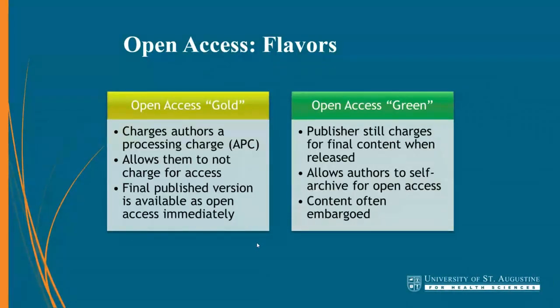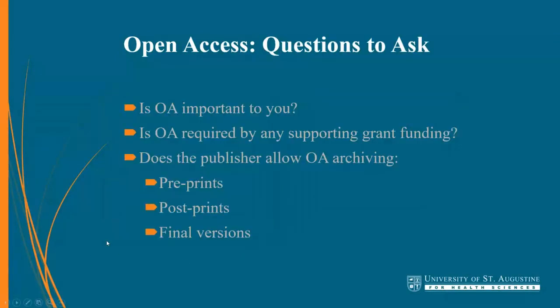Green is another kind of variety of that, where the publisher may have some fairly traditional practices, but they might allow the author to pay a charge so that they can make it available by open access. Typically, that takes the form of the publisher will publish the final packaged version in a journal and on their website, but the author can archive maybe a post-reviewed manuscript or maybe even the final published version. I'll talk about some resources for how we can identify that as well.